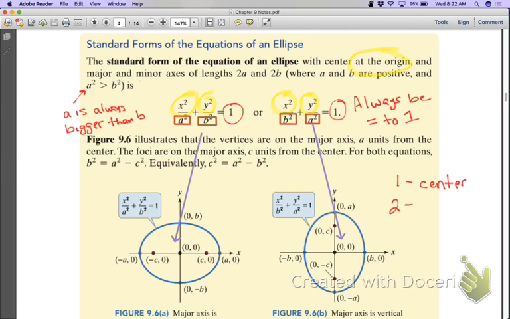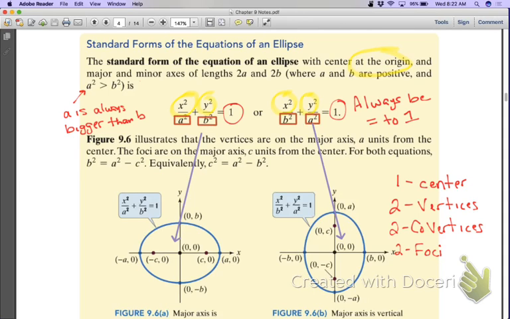You will have 2 vertices, 2 co-vertices, which is your short side, and then you will have 2 foci, or your focus points.